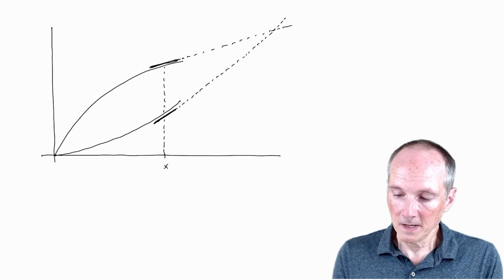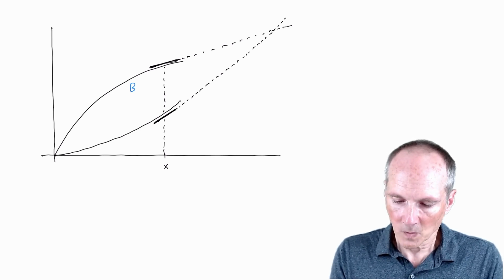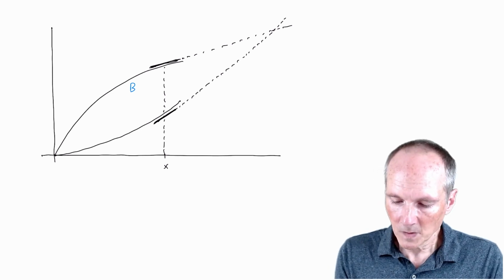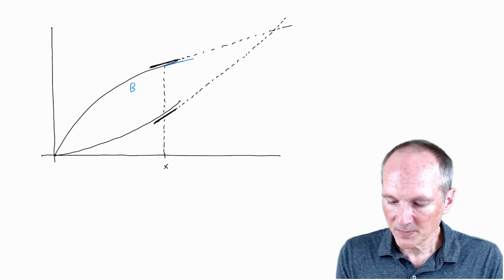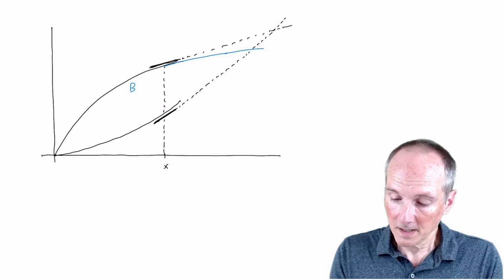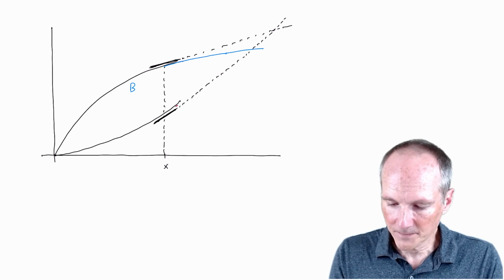Okay. Now, what do I know? The benefit function has a concave shape. So as I go out beyond x, that benefit function will always stay below that tangent line. The cost function will always stay above the lower tangent line here.